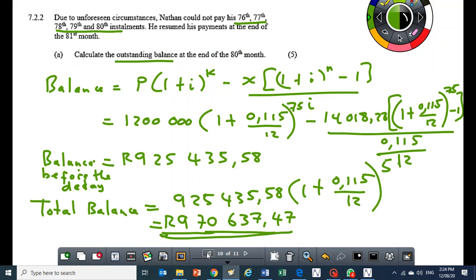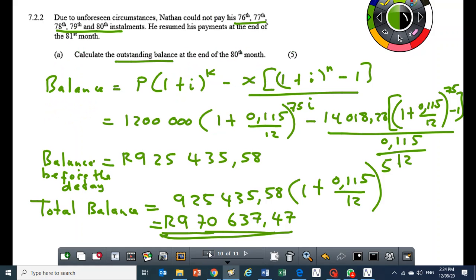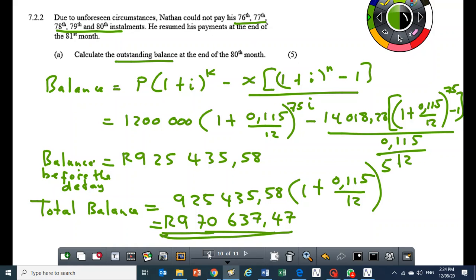Our balance outstanding is now this one here. This is our present value, 970,637.47.